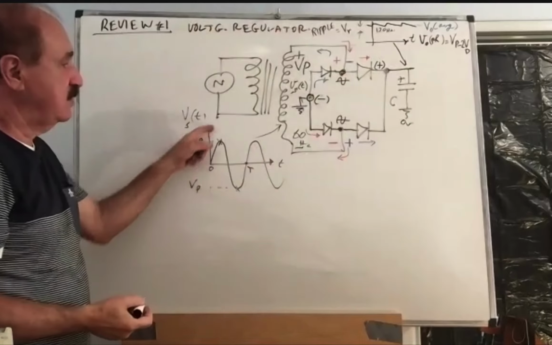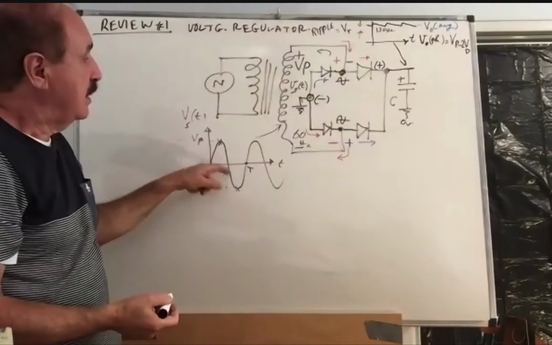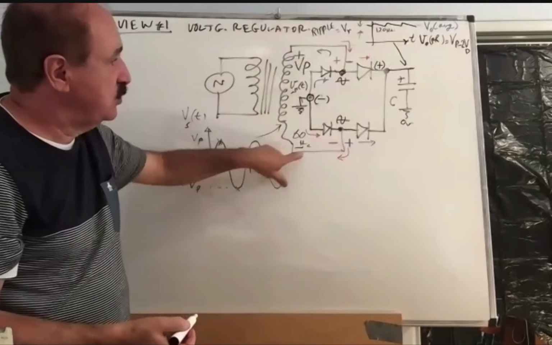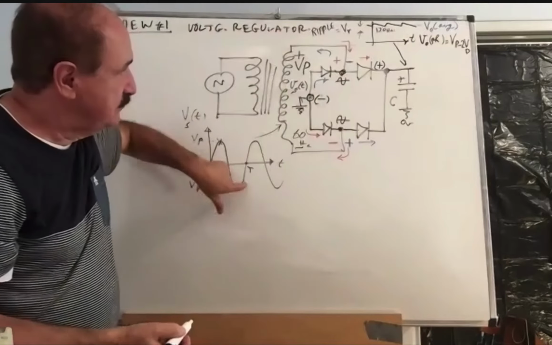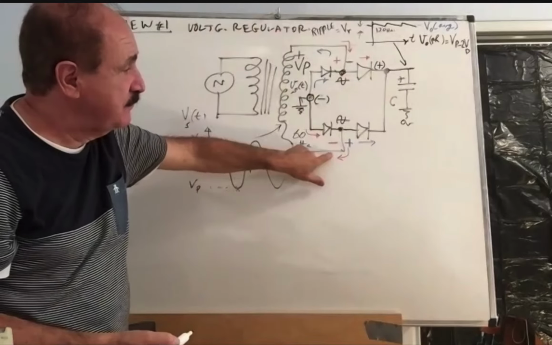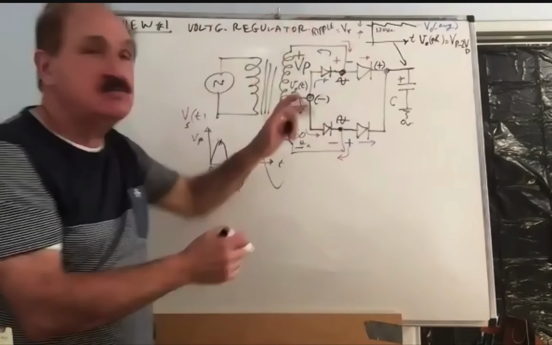The first half period with the positive cycles, the second half it will charge with the negative cycles, when this side becomes negative with respect to that. So they keep alternating.